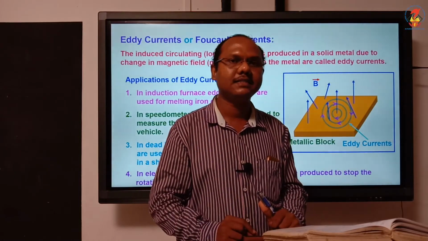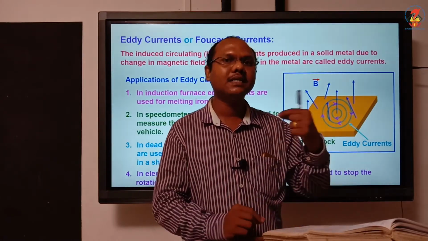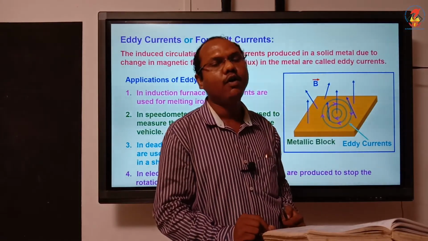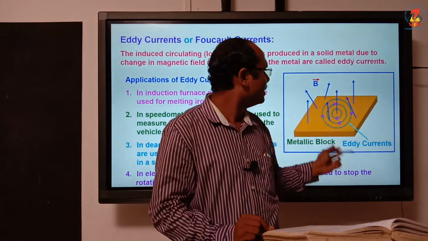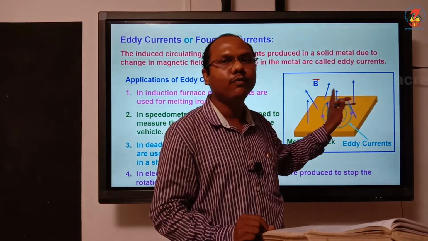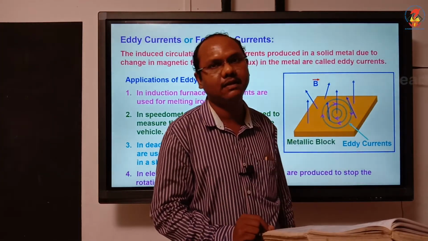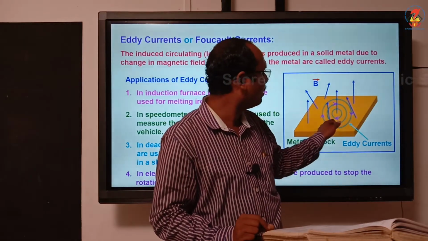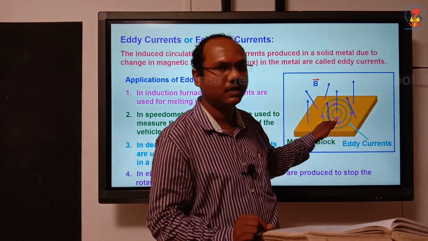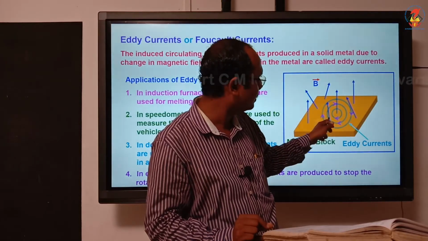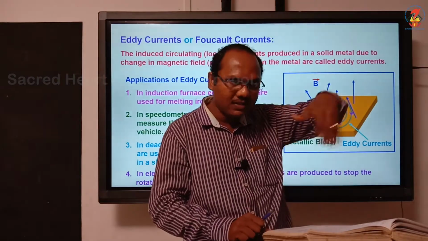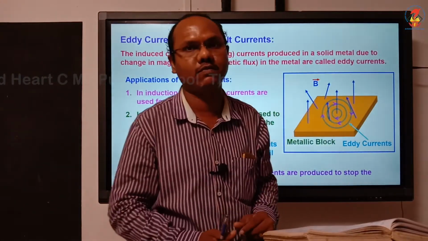As a result, induced current will be formed at different portions of the loop, which will circulate within the metal block itself, and it looks like whirlpools on the surface of the water. You can see the figure. I have just drawn 2-3 circles, so it looks like whirlpools on the surface of the water.